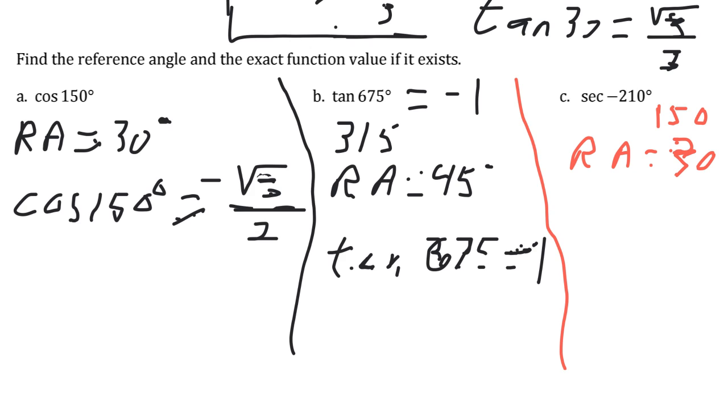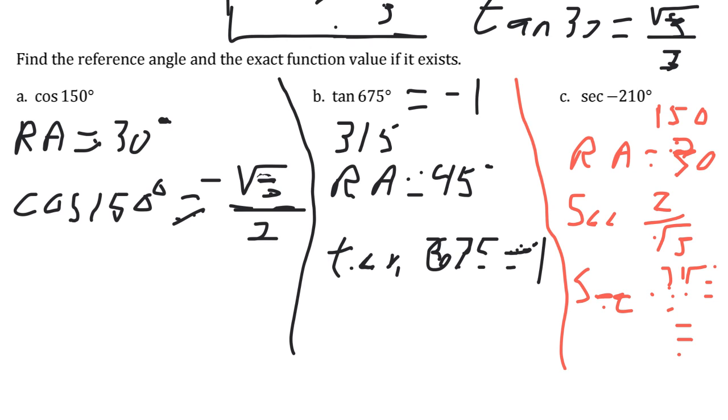So secant is going to be 2 over root 3, multiplying both by root 3 is going to be 2 root 3 over 3. Now, just a matter if it's positive or negative. We see it's in quadrant 2, and secant is positive there because cosine is positive there.